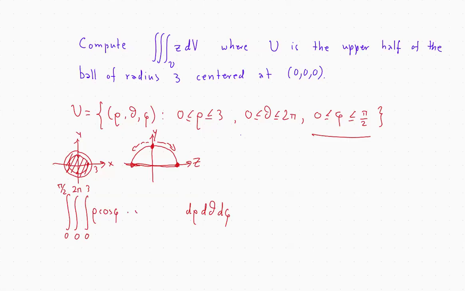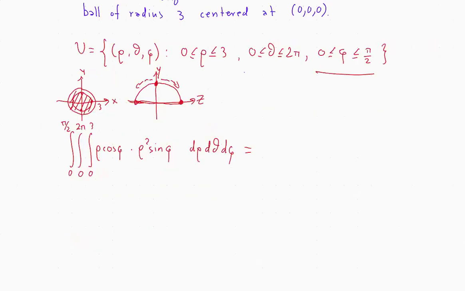Okay, so let's do our integration. The first integration is with respect to rho. We have rho cubed, and the antiderivative is rho to the 4 over 4, times cosine phi sine phi, and we want to go from rho equals 0 to rho equals 3.